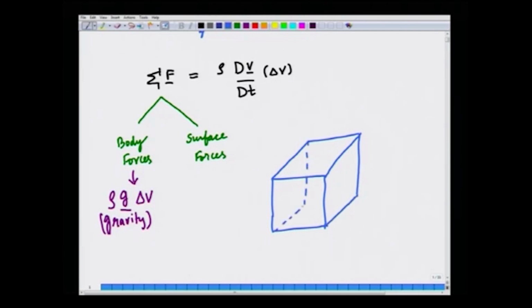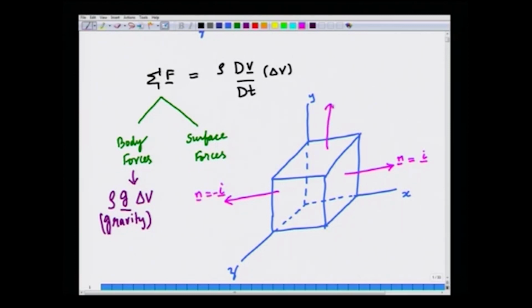There are 6 faces to the cube, okay, x, y and z. Okay. So, each face is denoted by a unit outward normal. Okay. So, this face has a unit outward normal n in the plus i direction, whereas this face has a unit outward normal n in the minus i direction.